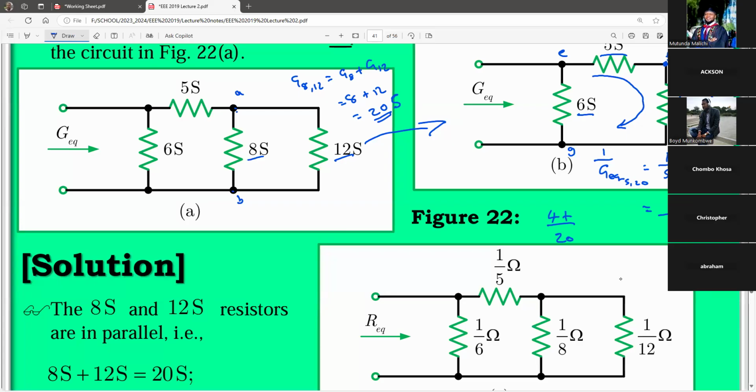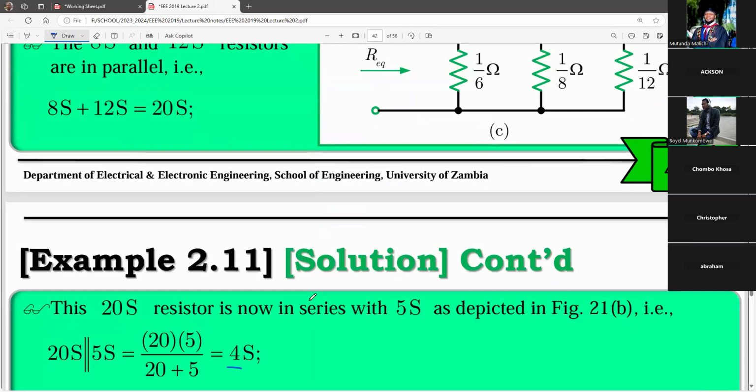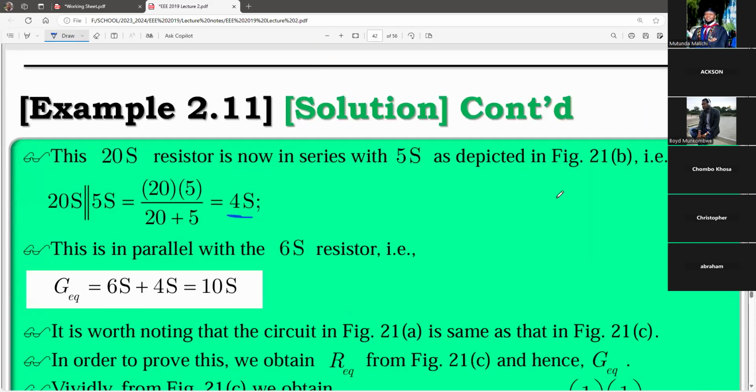Then it clearly says the equivalent conductance of 5 and 20 should be equal to 4S, which is the 4S that we have here.